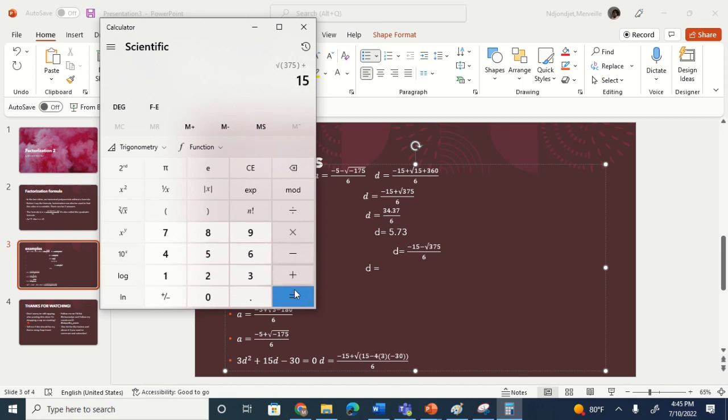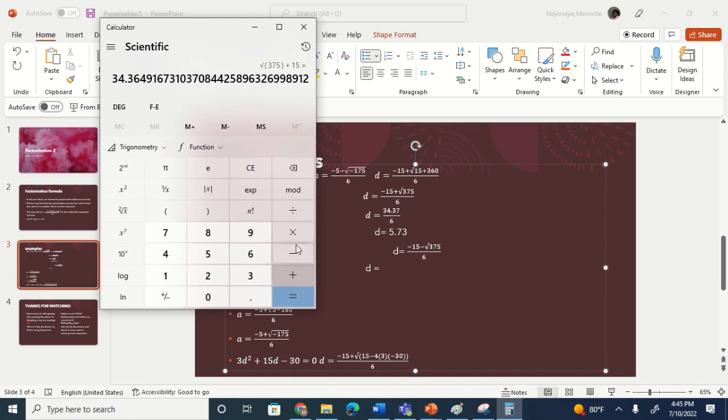The only reason I'm putting plus is because when you're doing negative 15 minus a number, let's just say minus 3, it's just like doing 15 plus 3 and then putting the negative sign behind it. So in a way, it's kind of like addition, but putting the negative sign behind it.